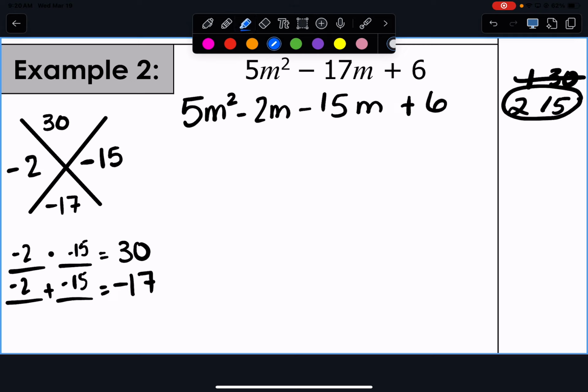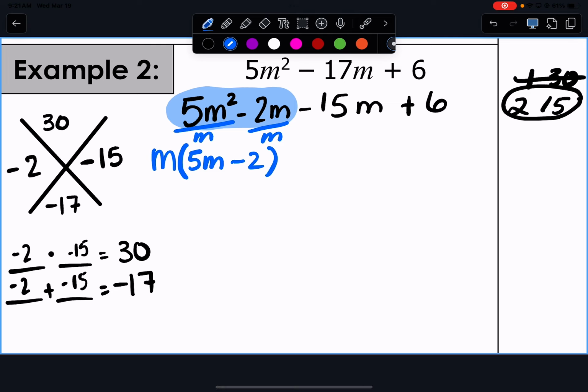So what can we group? Those two and then 5m squared plus negative 2m. Okay, what's the GCF of those two? M. Okay, so when I divide out an m, what is 5m squared divided by m? 5m. What is negative 2m divided by m? Minus 2.